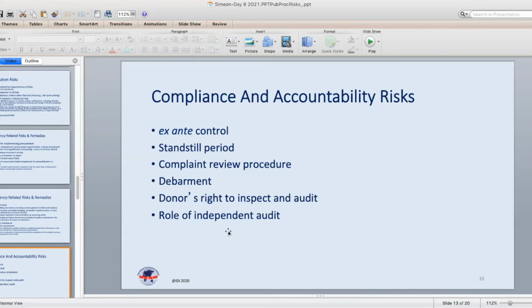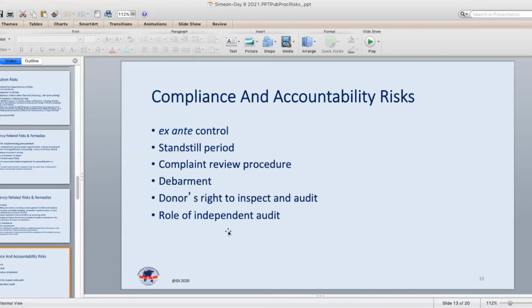And the lack of such adequate internal ex ante control procedures creates various risks for the procuring entity. Those risks include problems in the various stages of the procurement process if there hasn't been internal control before those steps are taken, whether it's signing or advertising.